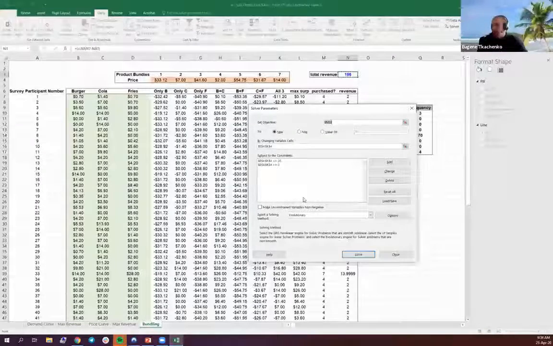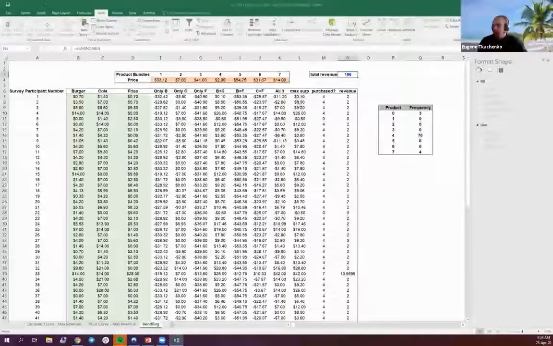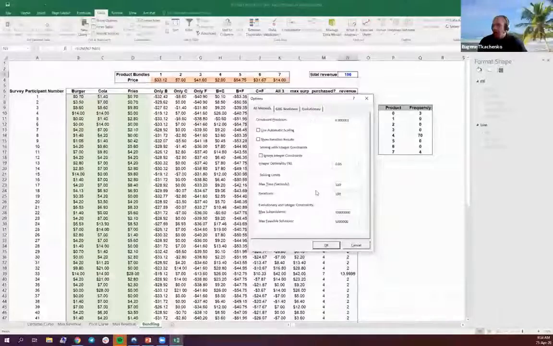One thing you need to consider when you're running this type of model is that it requires some time to identify the best possible value, the most optimal value. So when you go to Options, you need to set up the solving limits, especially the max time you're expecting this model to run, let's say 100 seconds, in order to identify the best possible solution.